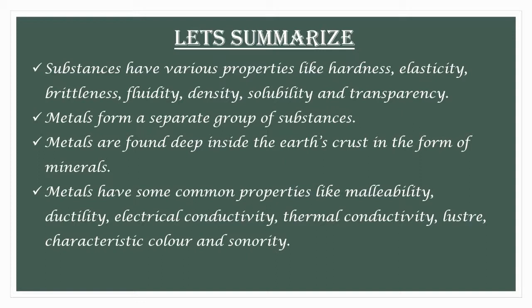Metals form a separate group of substances, and metals are found deep inside the Earth's crust in the form of minerals. And metals have some common properties like malleability, ductility, electrical conductivity, thermal conductivity, luster, characteristic color, and sonority.